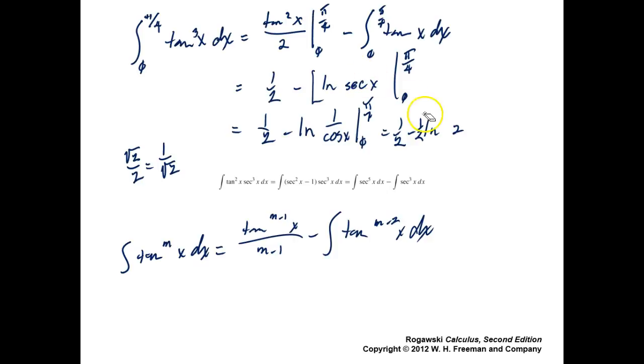Okay, so that's the first entry. And then you've got to have another minus here. The natural log of, and what is cosine of 0?